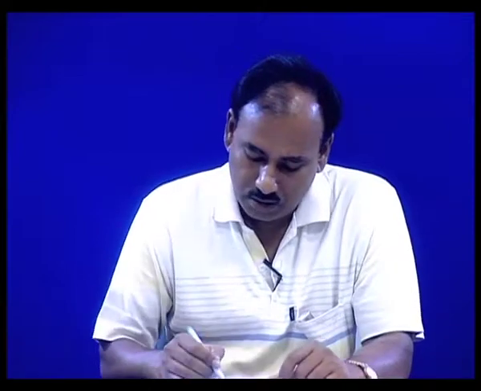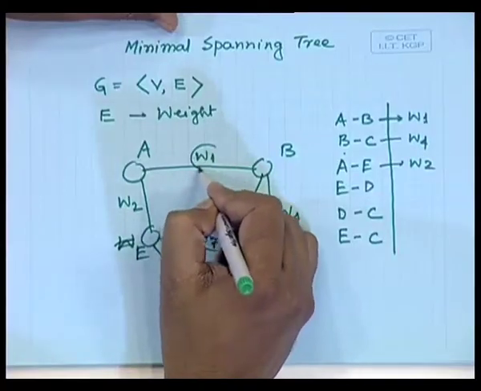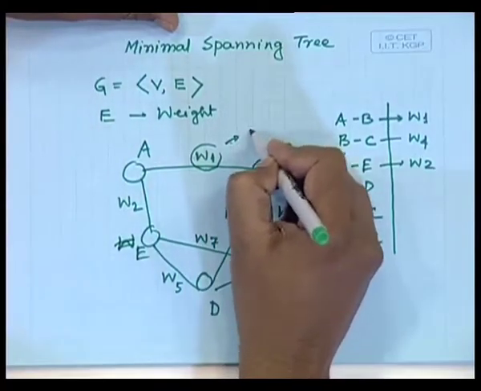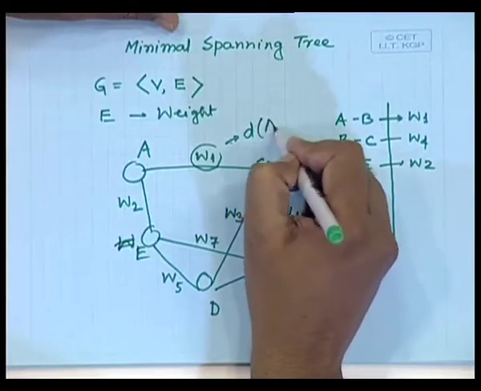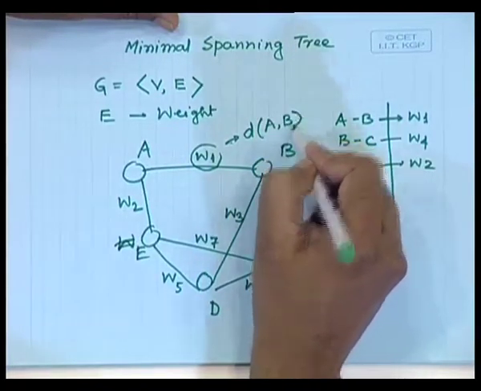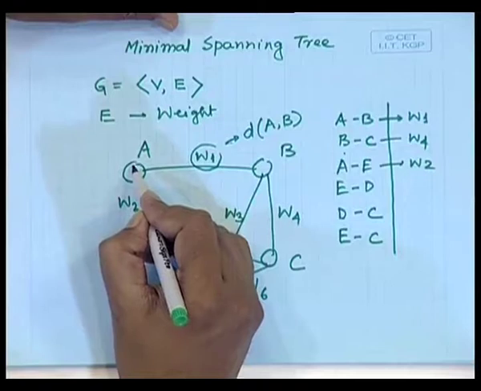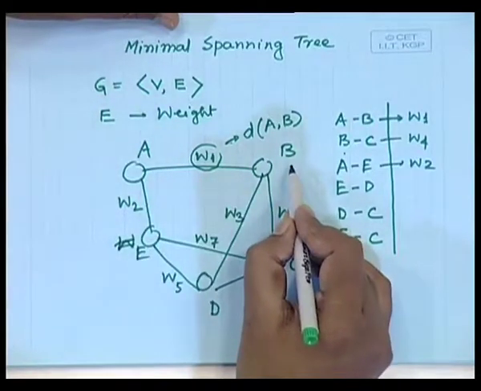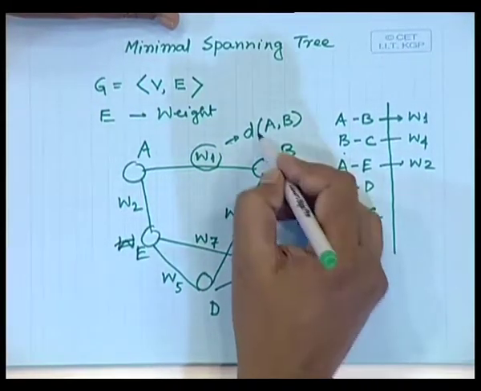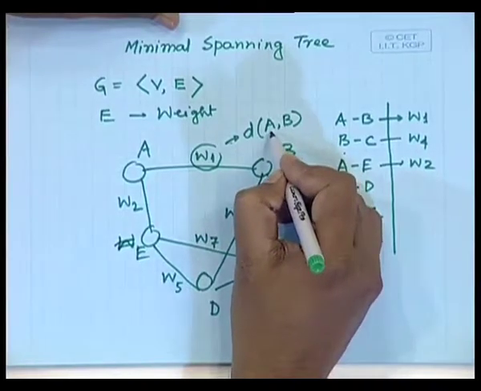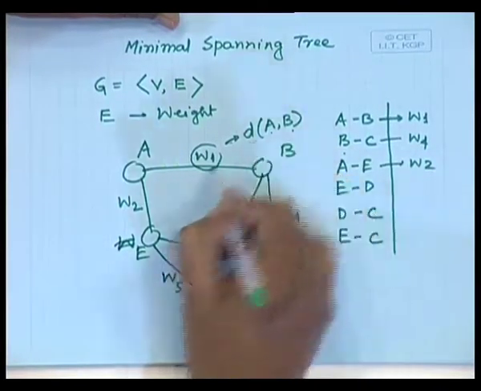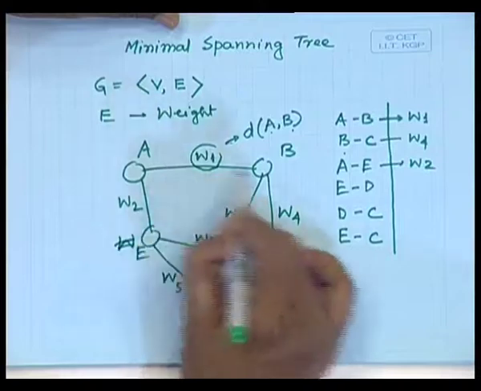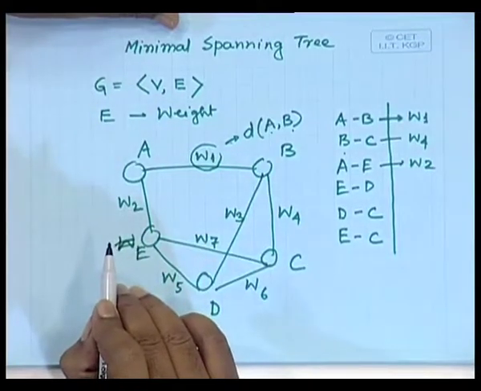Okay. So, in our case, this weight W is nothing but the distance between the nodes A and B, where node A represents one feature vector, and node B represents another feature vector. So, it is the distance between the feature vectors A and B which will represent the weight of the corresponding edge. Okay.